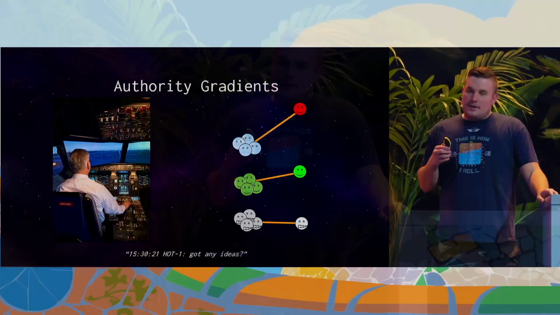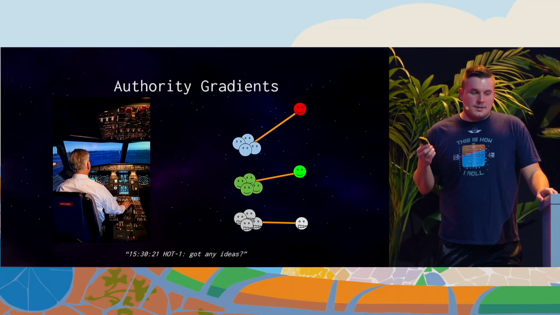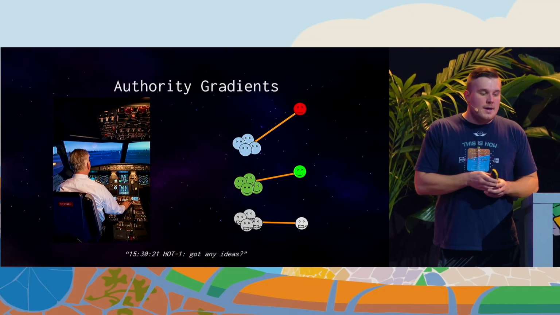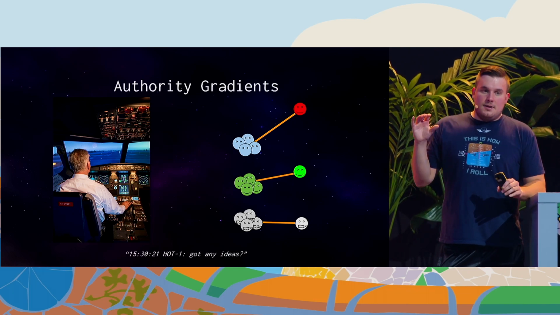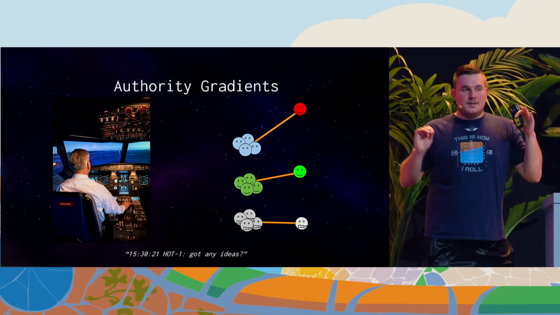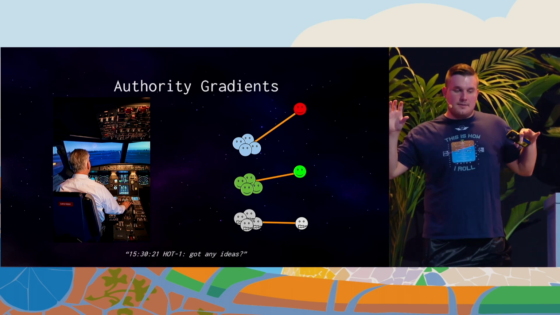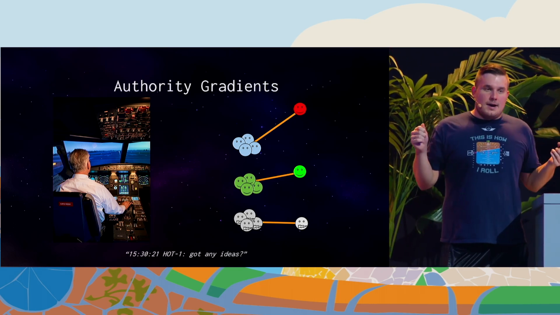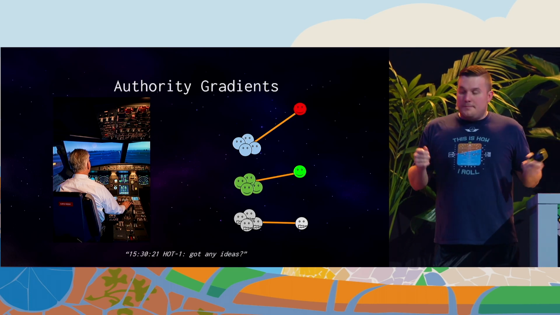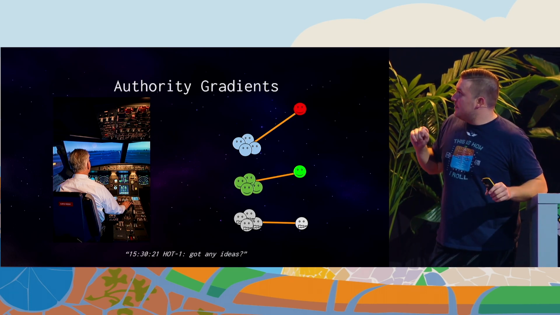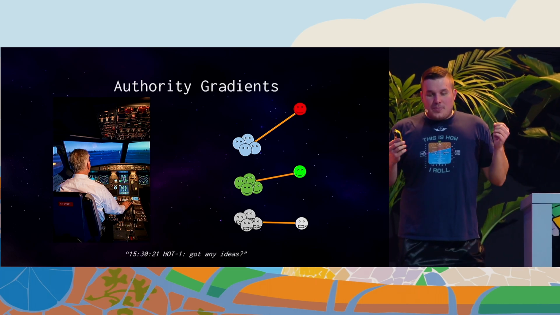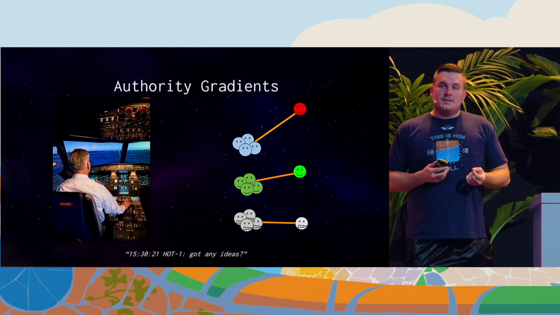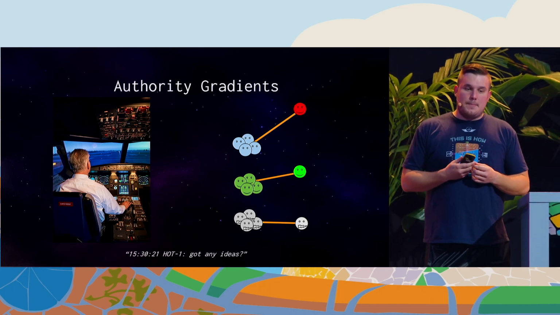Another really important thing for teams especially is called an authority gradient. An authority gradient is basically the perceived level of difference in authority between the team's leadership and the team itself. If you have a really high authority gradient, like the red smiley face and the blue people with no faces, people become fearful of speaking up.